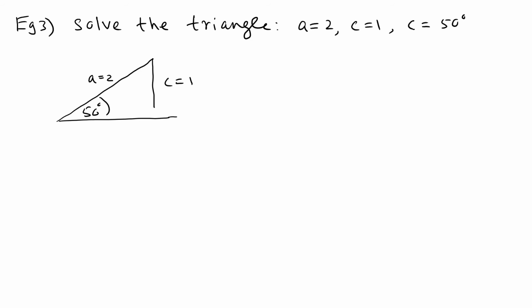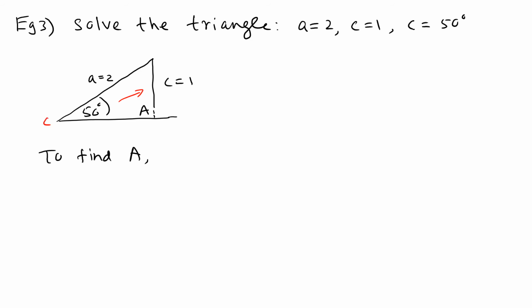What we're trying to do is find the angle A. To find A, we can see that we have an SA pair now. So that's the SA pair.